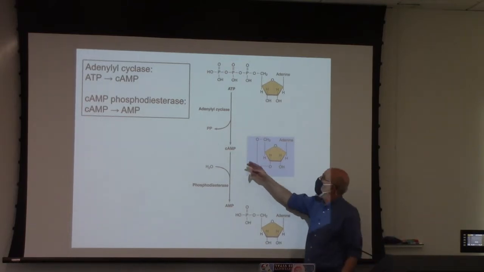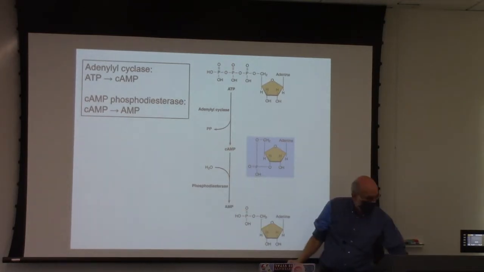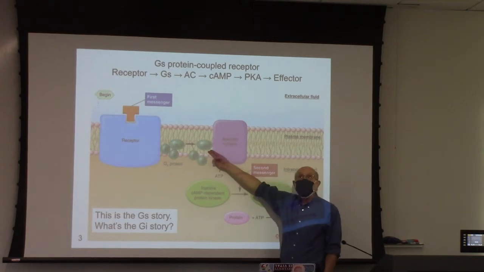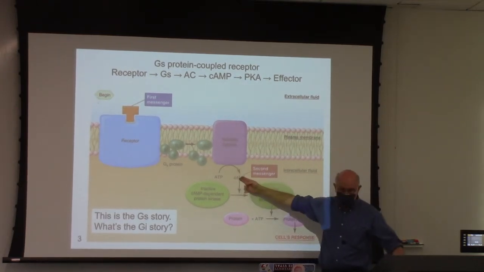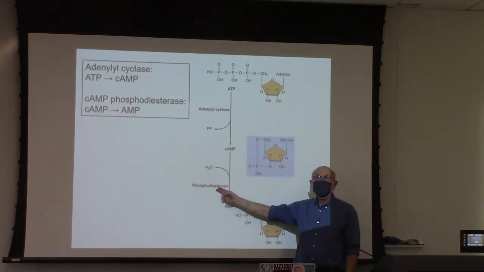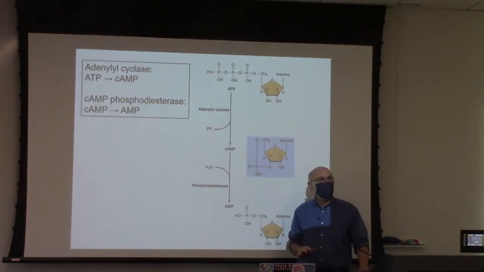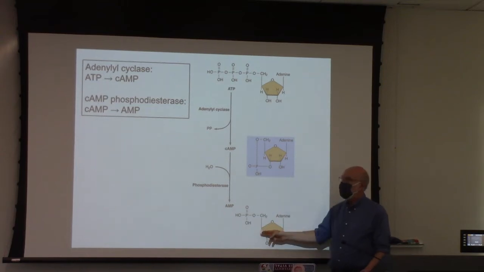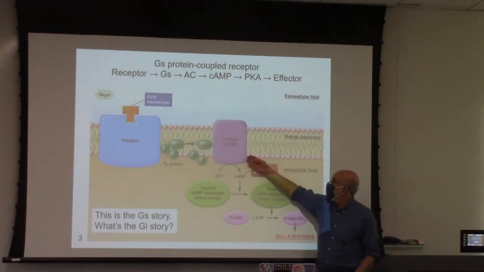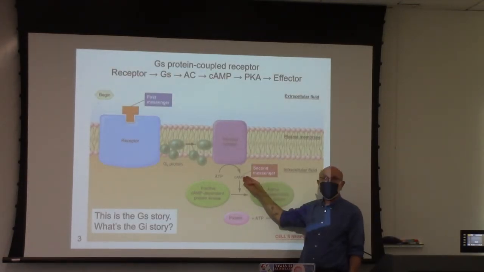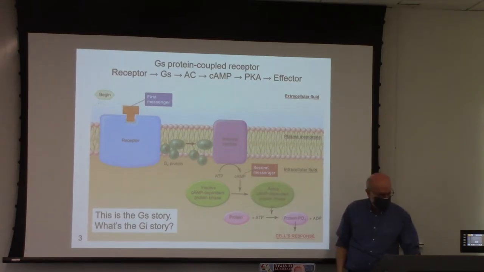So adenylyl cyclase is turned on by an active G protein to make cyclic AMP. And then phosphodiesterase, which is there sort of in the background, hydrolyzes cyclic AMP to AMP.